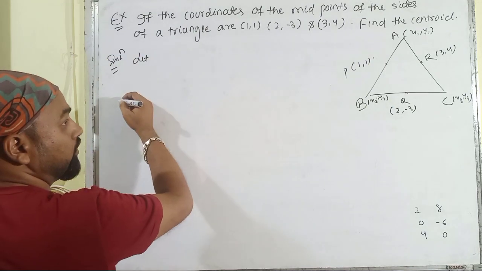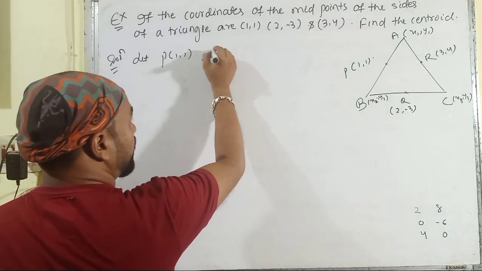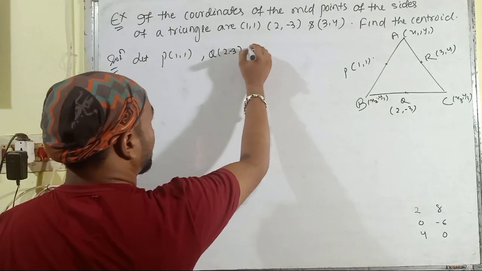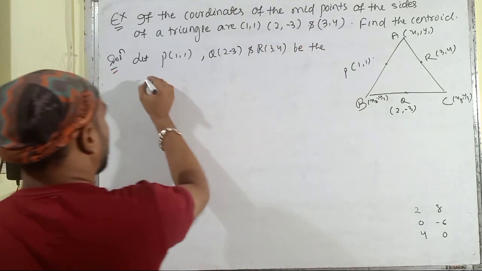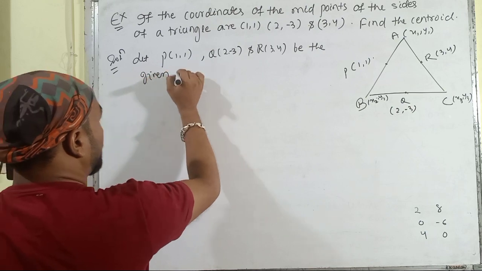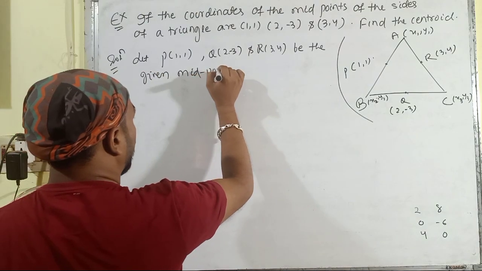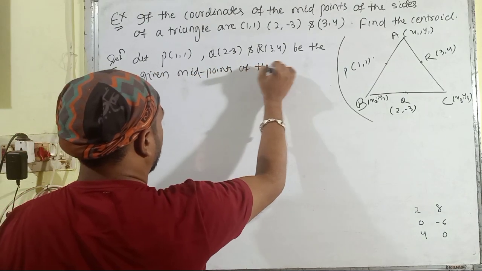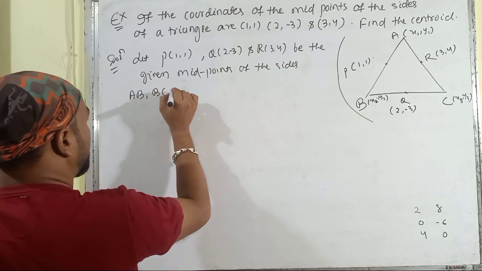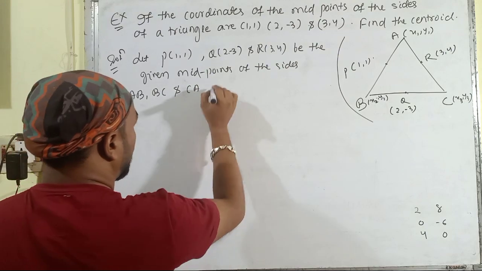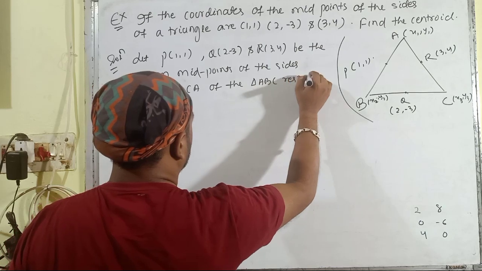Let P(1, 1), Q(2, -3) and R(3, 4) be the given midpoints of the sides AB, BC and CA of the triangle ABC respectively.